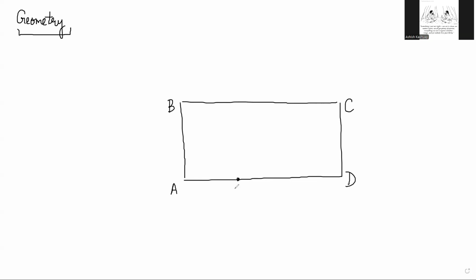So M and N, these parts are equal. You have to find this angle AMB plus ANB plus ADB.